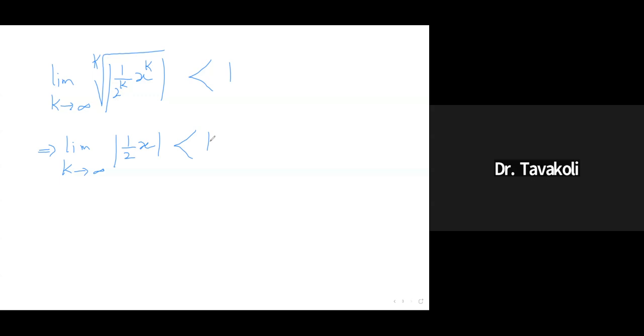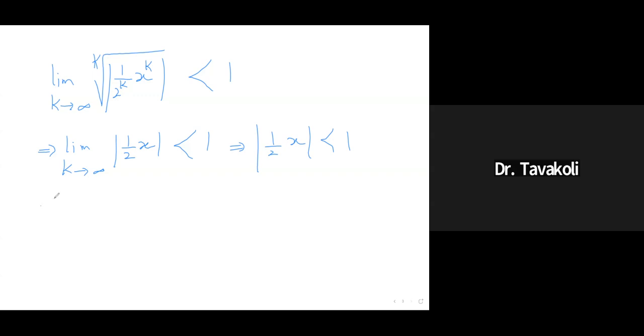So that was based on basic algebra. So we don't need to keep the limit sign anymore. Therefore, if the absolute value of 1/2 times x is less than 1, then the series is convergent. So this means which x's? Let's multiply both sides by 2.